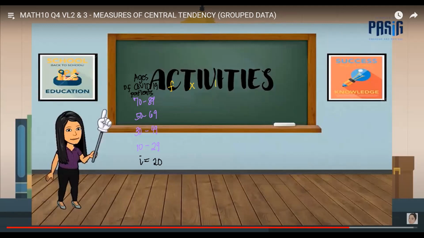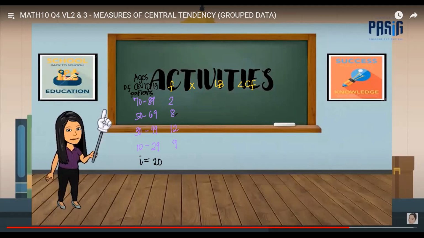Lower boundary. And the cumulative frequency here. Okay? So I will assign the values ng frequency. So let's say na ito ay 2. Ito ay 8. Ito ay 12. At ito ay, let's say, 9.